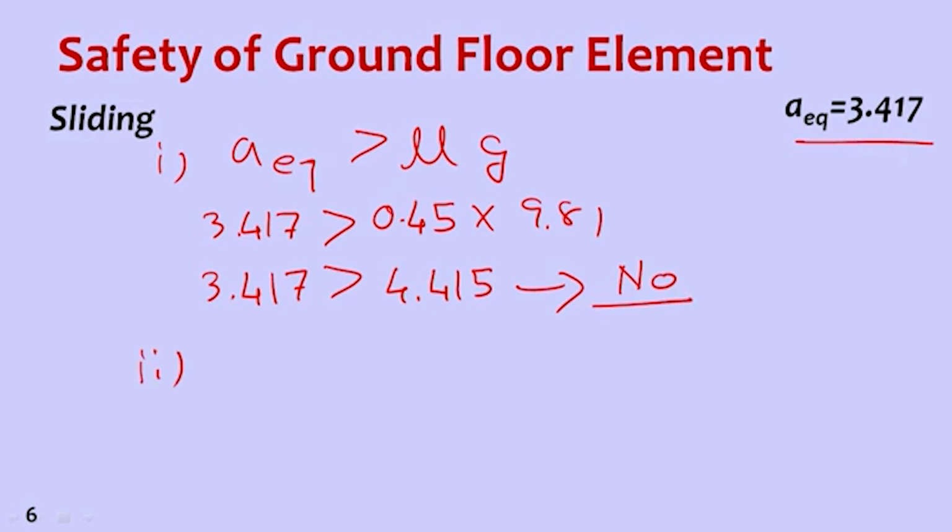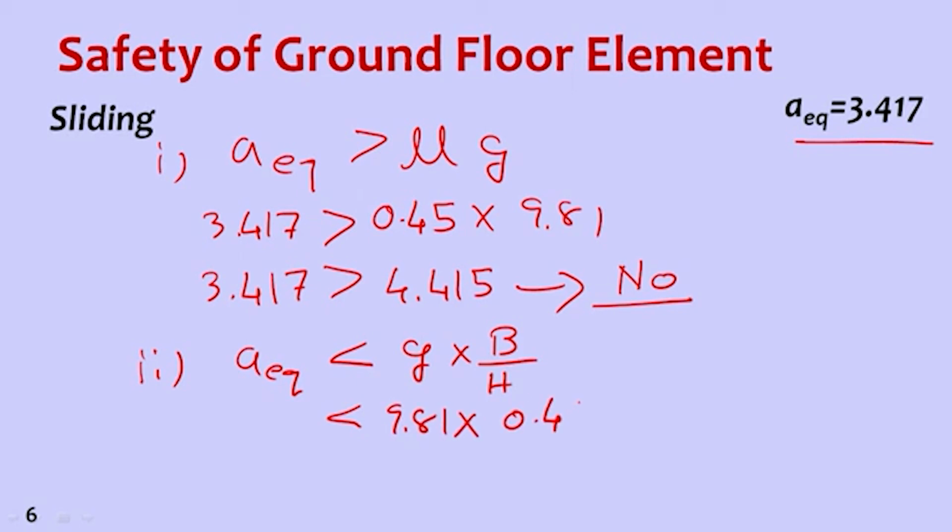Now second, AEQ is less than g into B by H, where g is 9.81 as all of you know, B is 0.45, H is 2.1, which comes to around 2.102. Again, 3.417 is not less than 2.102.